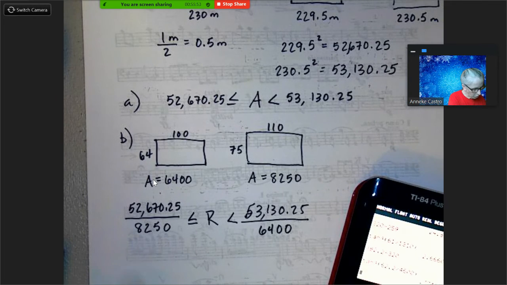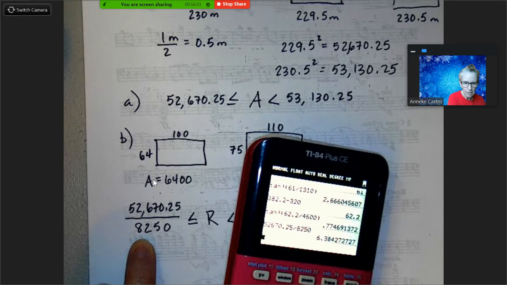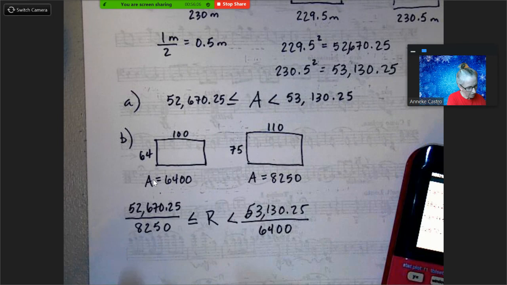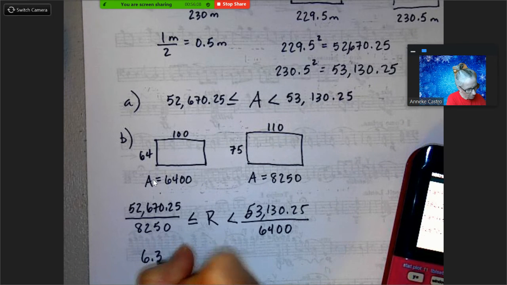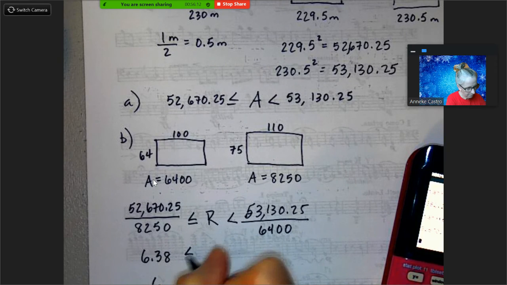Okay, so I'm going to do the first one, 52,670.25 divided by 8,250, and I get 6.38. So 6.38 pitches, but it said complete pitches, so I'd round that to 6.